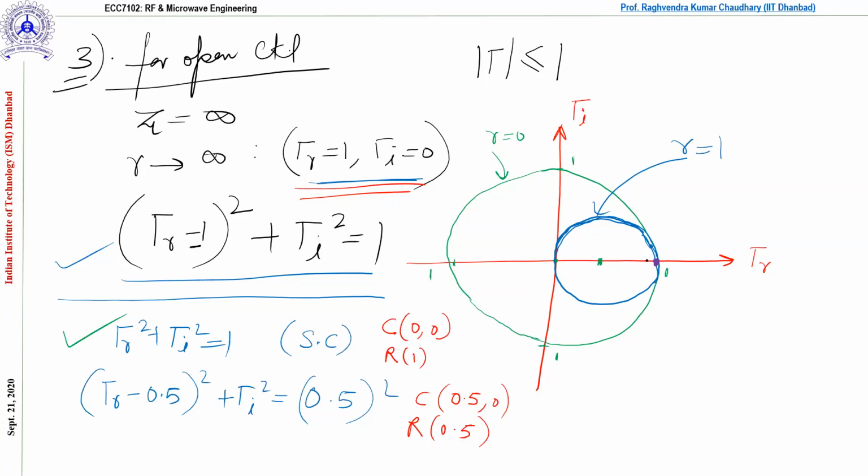Fine. This is what? This is the center actually. Fine. So in this way actually, we can draw the normalized resistance circle.